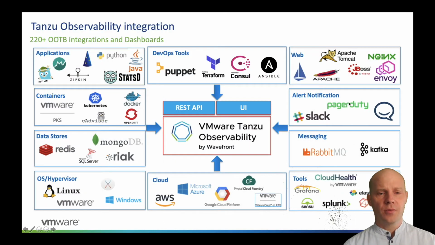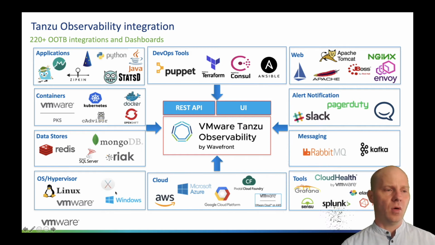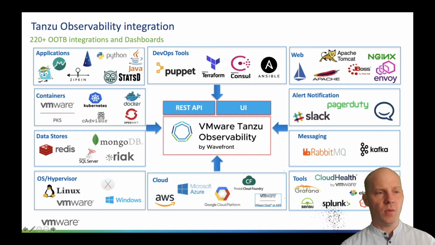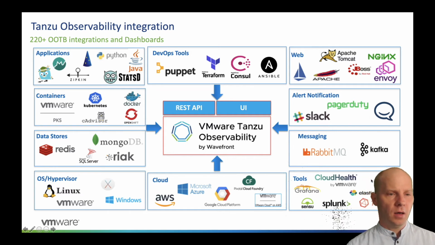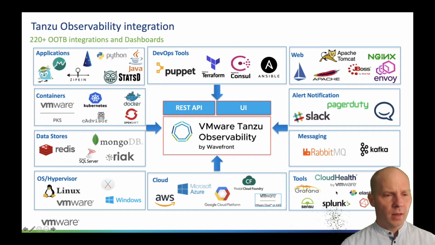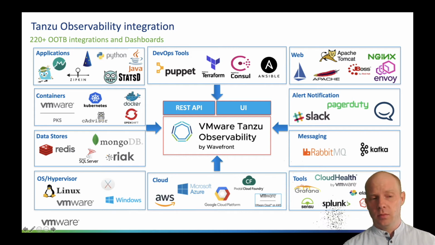We do it through our integrations. We have over 220 out-of-the-box integrations, be it to the public clouds, for the hypervisors or operating systems, for data stores, to the containers, of course, web technologies, alert notification things, or with other APM tools, even like a New Relic.